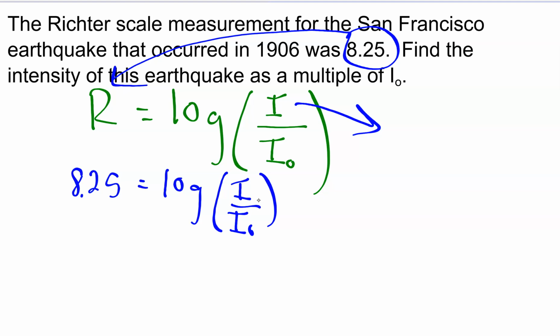And in order to solve this one, the only way is by changing it to exponential. This log has a base 10. So I'm going to say 10 to the 8.25 equals I.